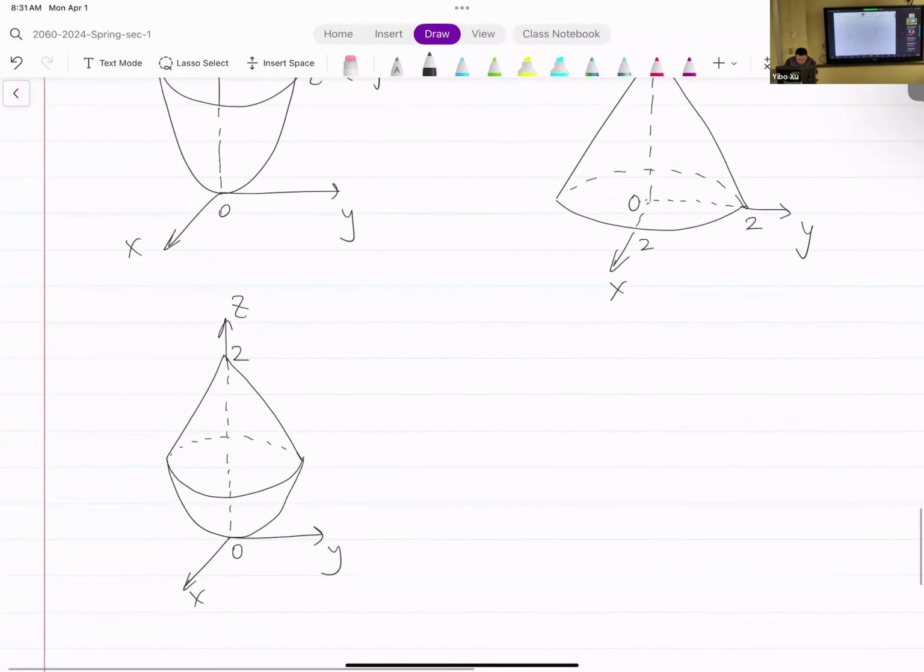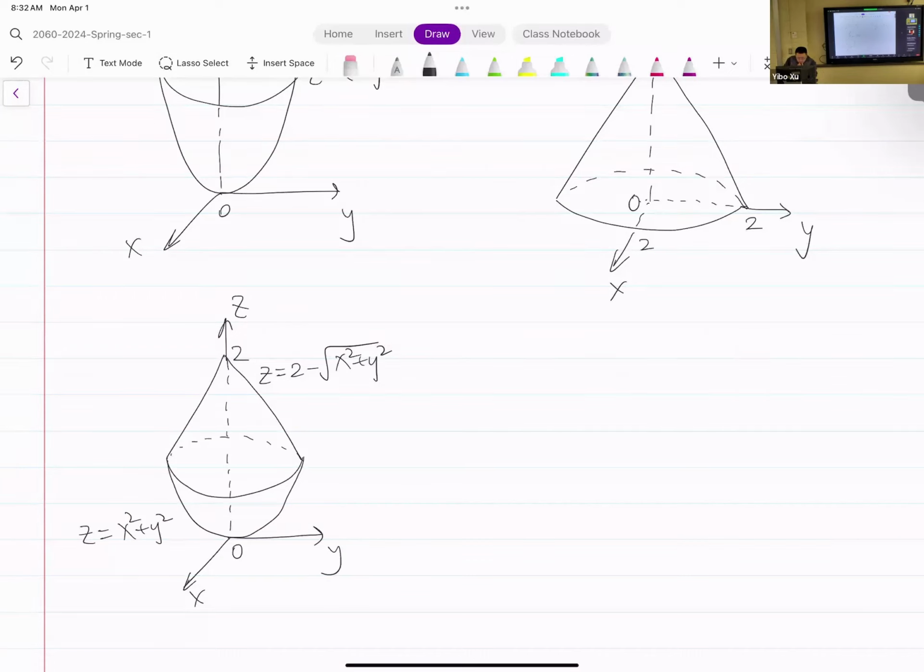So this is z equals 2 minus the square root of x squared plus y squared, and on the bottom, we have z equals x squared plus y squared. All right, so that's the illustration.